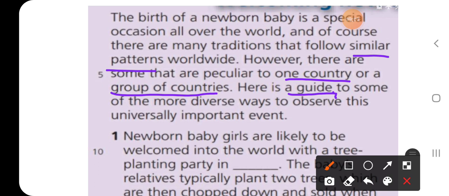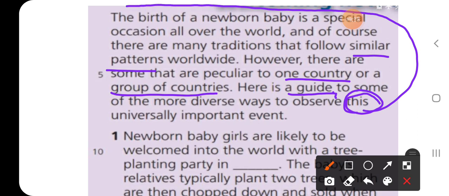here is a guide بمعنى إيش؟ دليل to some of the more diverse ways to observe this universally important event. في هذا الدليل الموجود عندي اللي هو عبارة عن 4 نقاط اللي حنذكرهم هلا, they show us more diverse ways اللي هي طرق مختلفة أو طرق متعددة to observe لملاحظة this universally important event اللي هو الحدث العالمي المهم. وإيش هو الحدث العالمي المهم؟ This here refers to what؟ refers to the birth of a newborn baby. تمام؟ إذن this universally important event اللي بيحكي عنه هو the birth of a new baby.